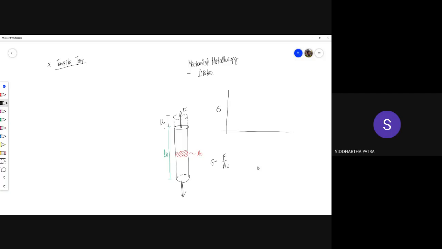The strain is defined as u by L0. As it is elongated, the updated length L is L0 plus u, so strain is essentially L by L0 minus 1.